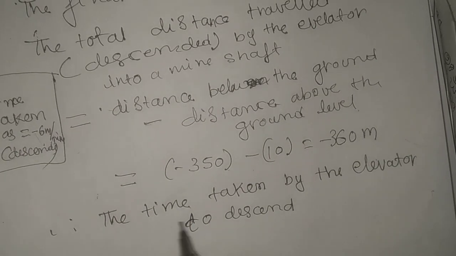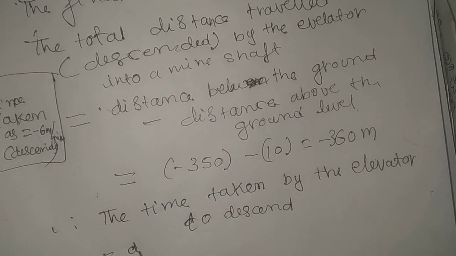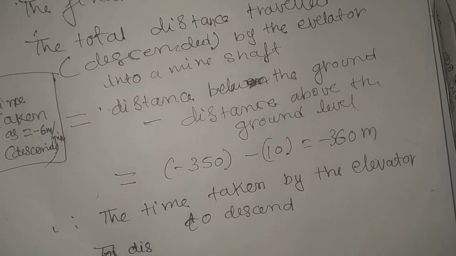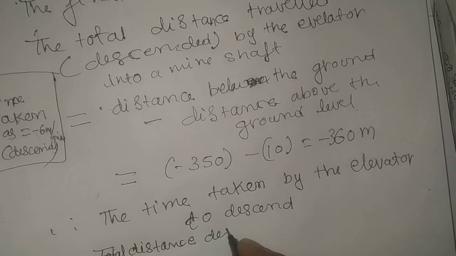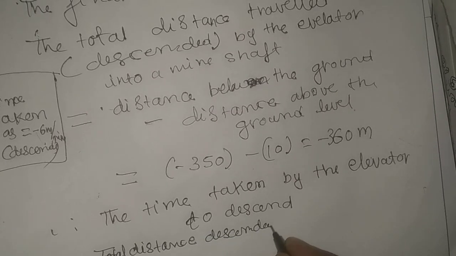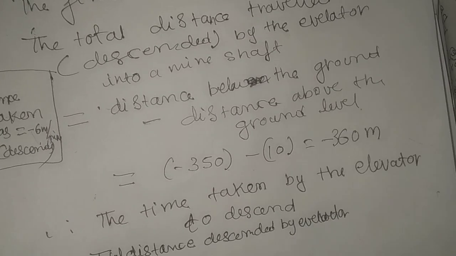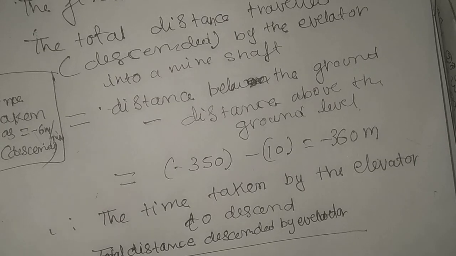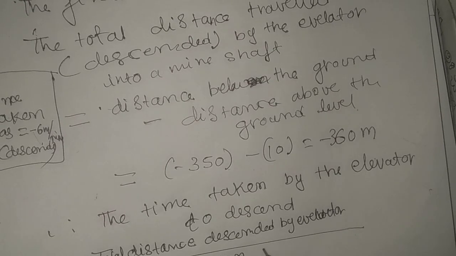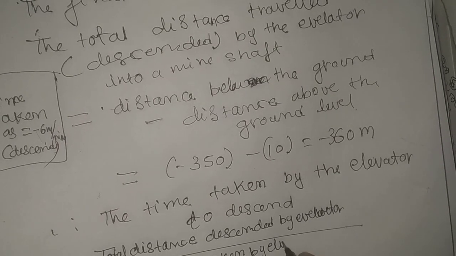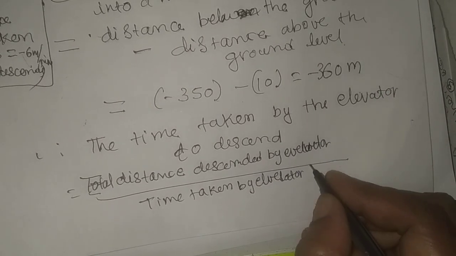Therefore finally the time taken by the elevator is equal to total distance descended by the elevator divided by the rate of descent.